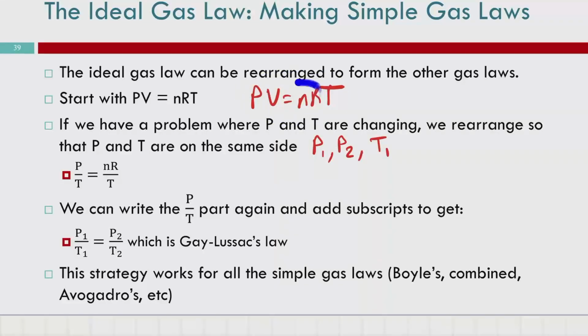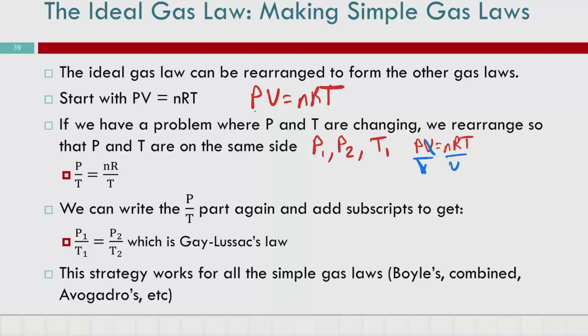So to rearrange that, we're going to divide both sides. Let me rewrite it. We need P and T on the same side. Going to divide both sides by volume. Volume moves from the left side.